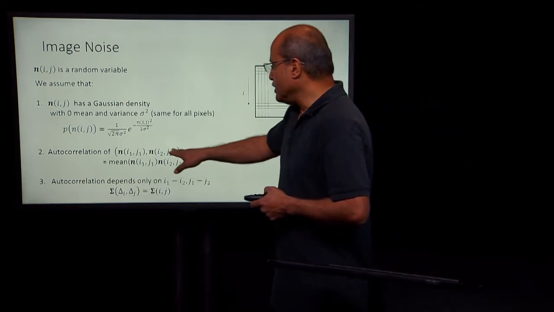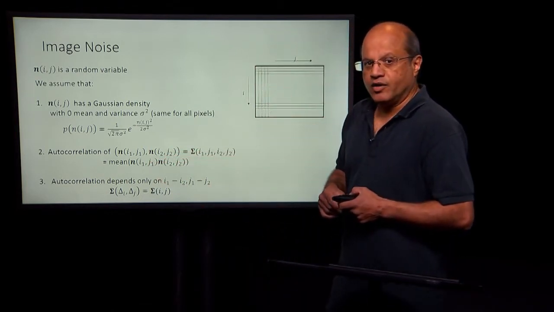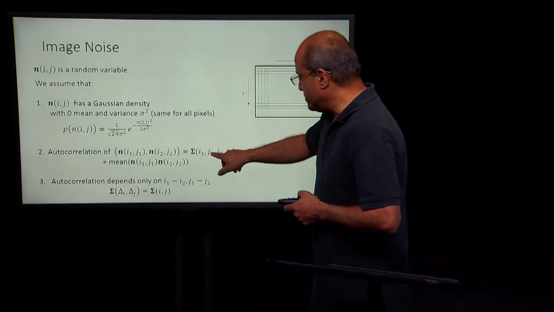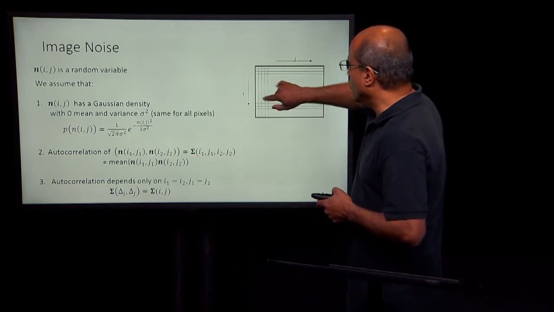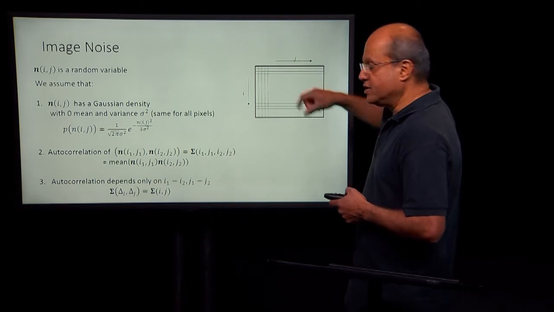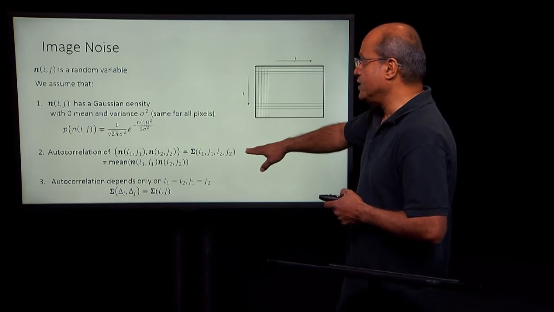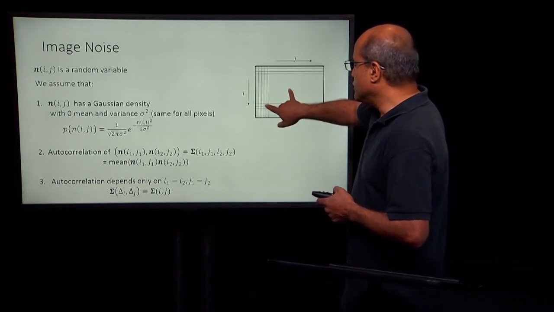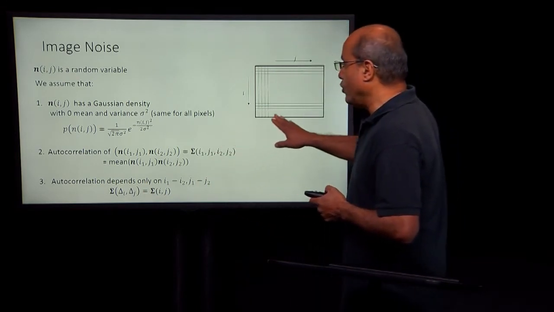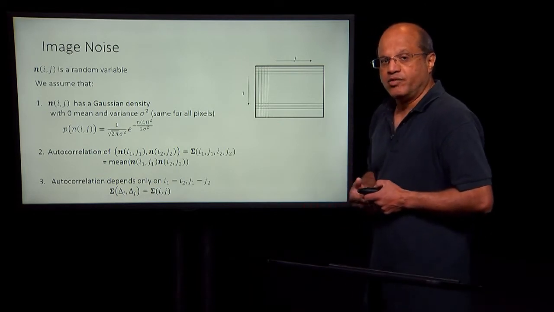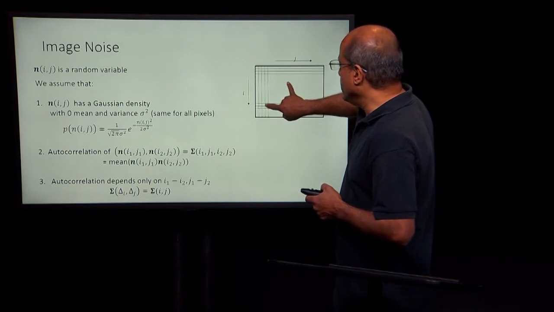Of course, this number that we calculate, the correlation of the noise between these 2 pixels, you can think of as a function of the location of the first pixel and the location of the second pixel. So this function captures all possible correlations between pairs of pixels in that image. So the autocorrelation function of noise tells us the extent of correlation between 2 pixels. Now very often for experimentally observed image noise, this function turns out only to depend on the displacement between the 2 pixels.